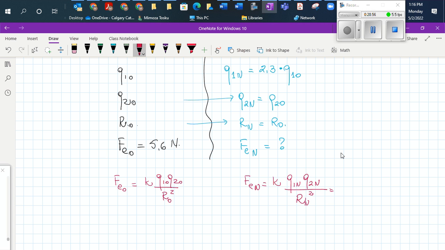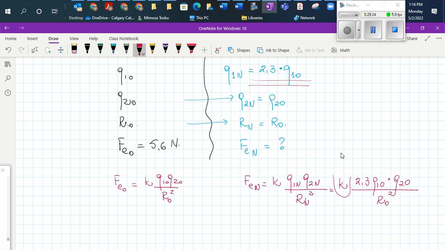Now, what we have as given is that K is constant. Charge 1 is 2.3 times charge 1 original. Charge 2 is the same as the original, and the distance is the same as the original.